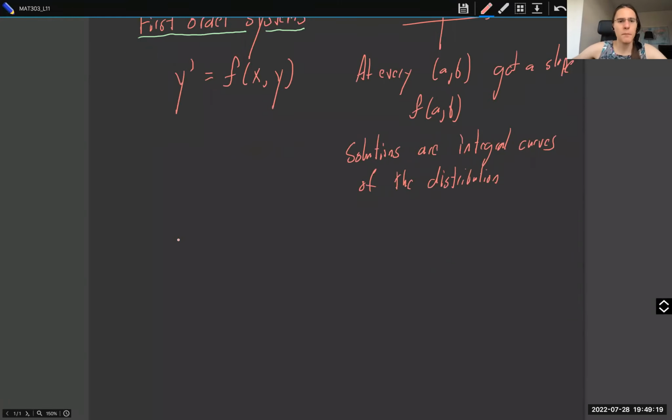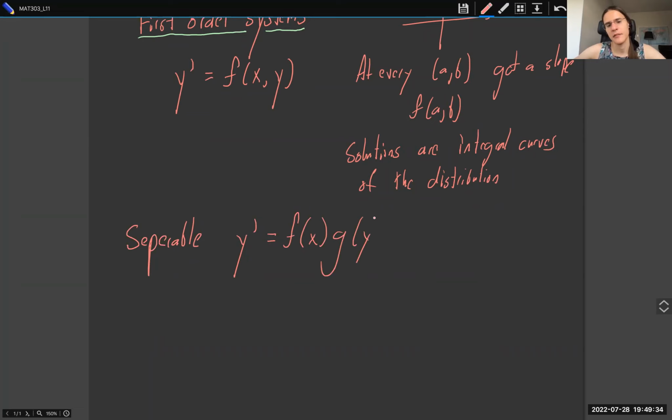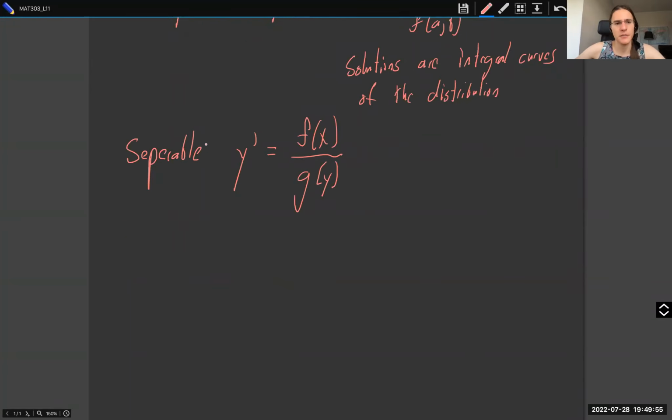Okay, so a special case of first order systems is separable systems. And this is when y prime is equal to a product of functions f of x, g of y. Or let's actually write it a bit better: f of x over g of y. Then how do you solve separable systems?